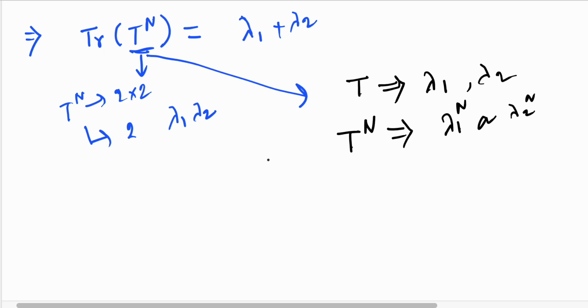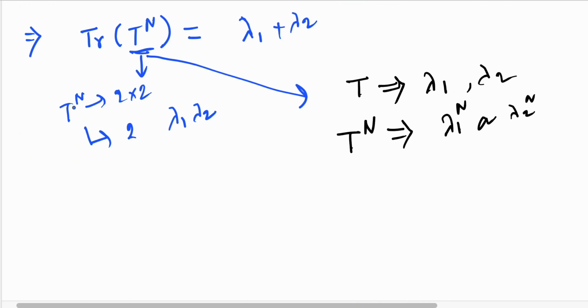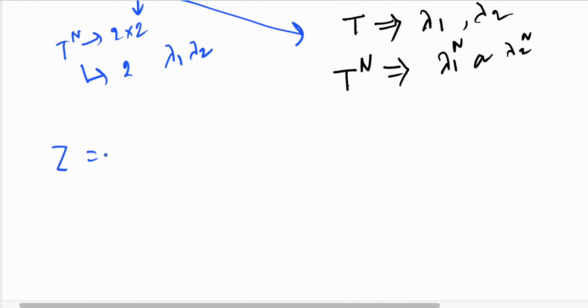So the partition function Z equals the trace of T to the power n, which means lambda 1 to the power n plus lambda 2 to the power n.